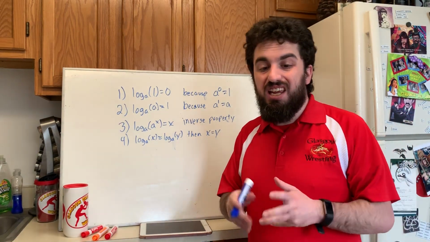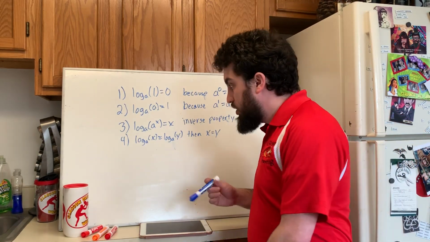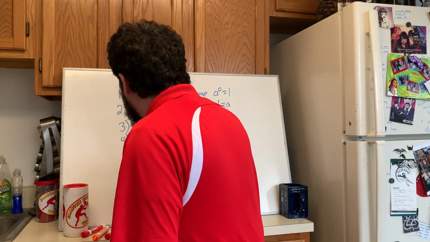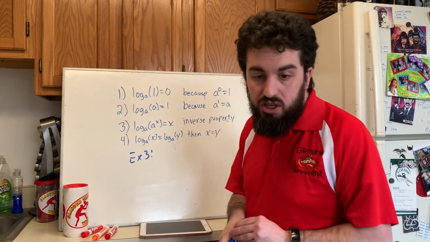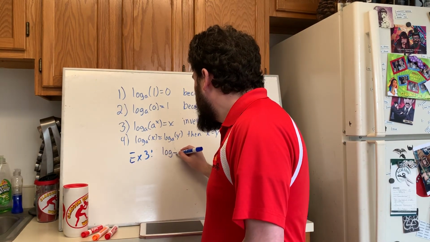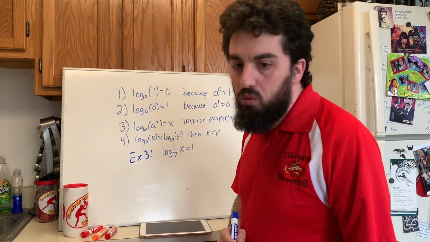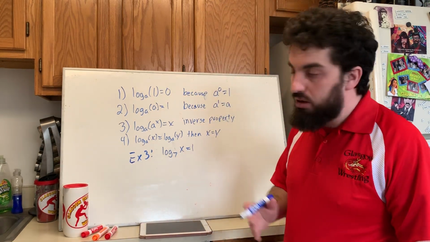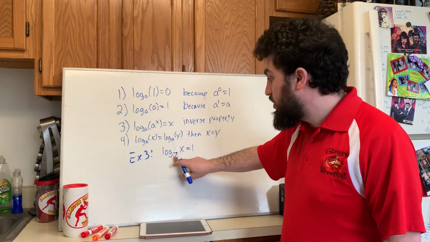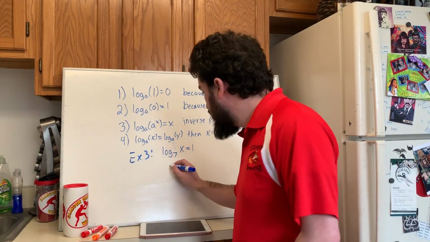So let's look at an example of utilizing one of these properties. This is our third example from this section, log base 7 of x is equal to 1. Hey, 7 to what? 7 to the first power gives me x.